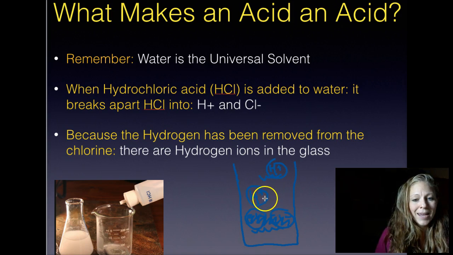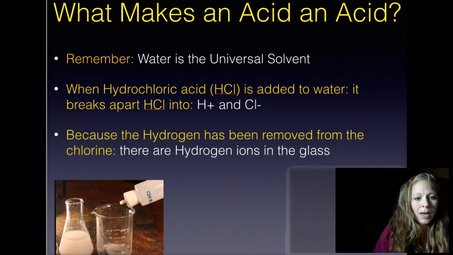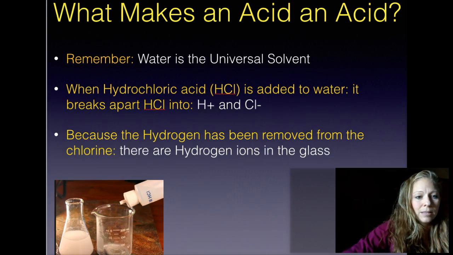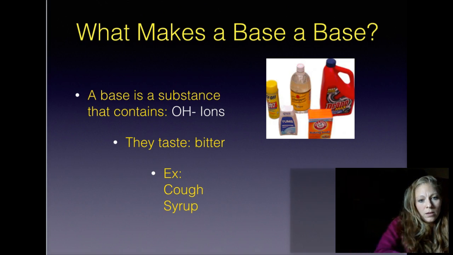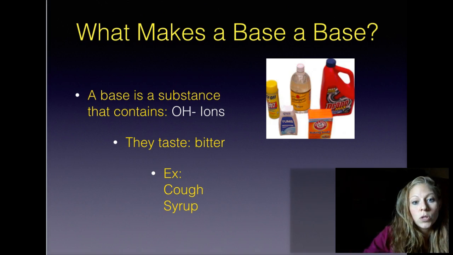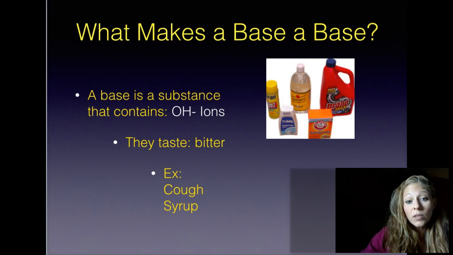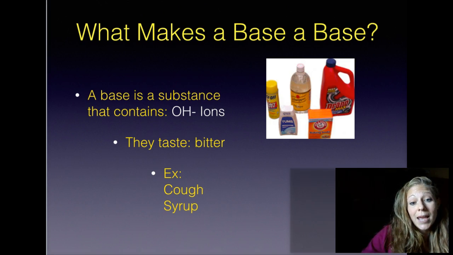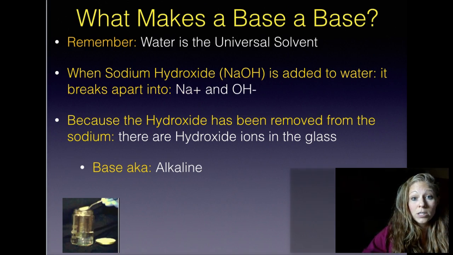Alright, if we take that same idea and we apply it to bases, a base is a substance with an OH ion. These taste bitter, and an example of this would be cough syrup. And once again, if we look at it on a molecular level, it's important to keep in mind that water is the universal solvent.